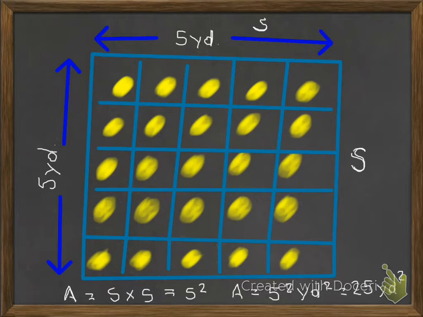So S times S is S squared. So a formula for the area of a square is S squared. Replace that S with 5 for this specific case, and you get 5 squared, or 25 square yards. So 25 square yards is the area of this larger square.